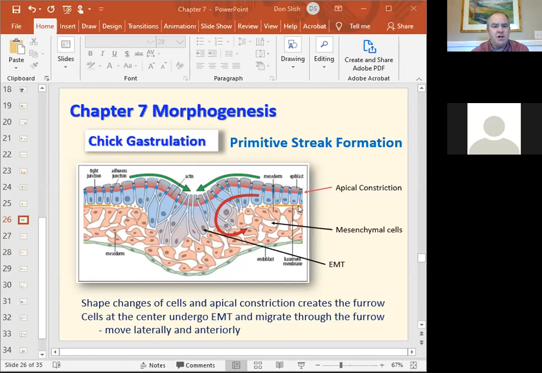And by the way, if you're in cell biology too, and a lot of you are, notice how this is basically a cell becoming malignant, right? It's letting go of its cells, it's starting to crawl, and it's breaking down the basement membrane and invading other tissues. So you can see how easy it is for some cells, like epithelial cells, to become cancerous, because they've got that program already in them.